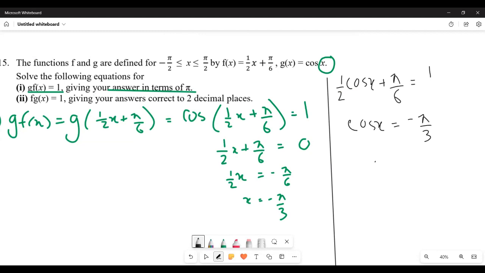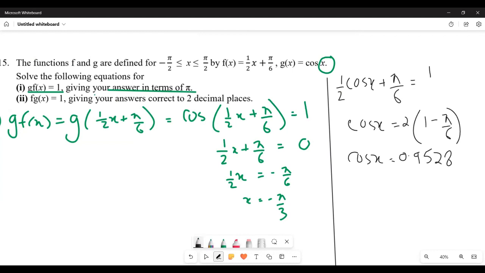Okay, I'm going to find alpha. No, it's not going to be that. It's going to be 1 minus pi by 6, and then whatever the answer is, times 2. So cos x equals 1 minus pi by 6, answer times 2.